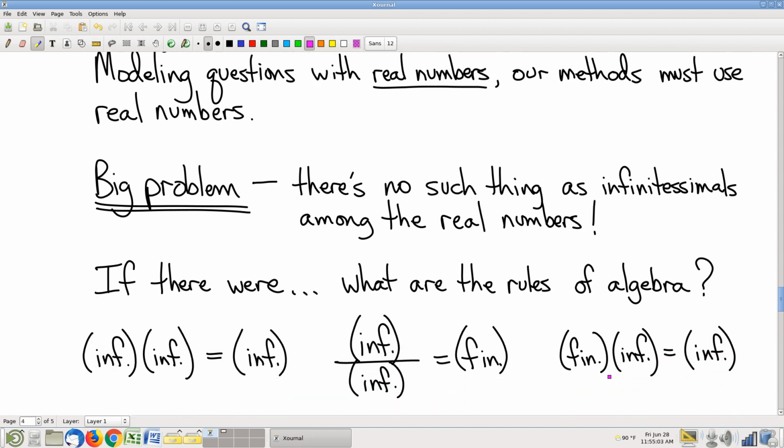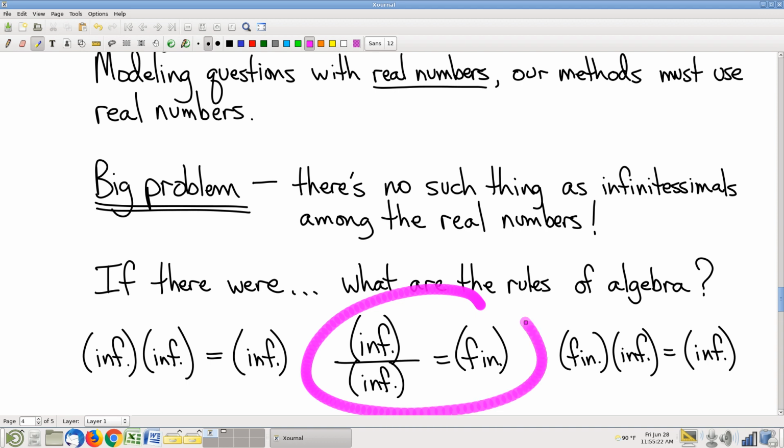So here's some usually pretty tolerable examples. Most students are pretty comfortable with the idea that if you take an infinitesimal and multiply it by a finite number, the result is still infinitesimal. Most students are pretty happy with that. Related idea, the ratio of two infinitesimals. Well, most students are pretty comfortable with the idea that this should be finite.